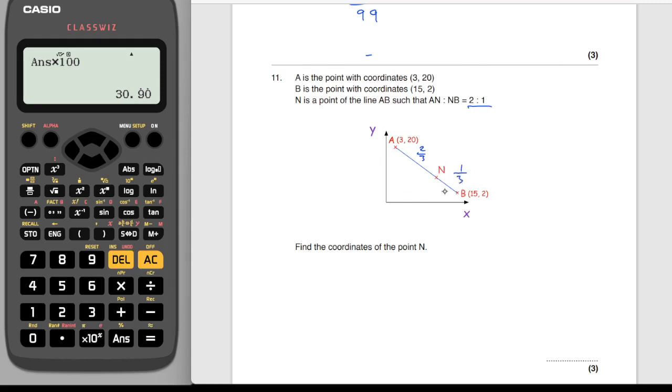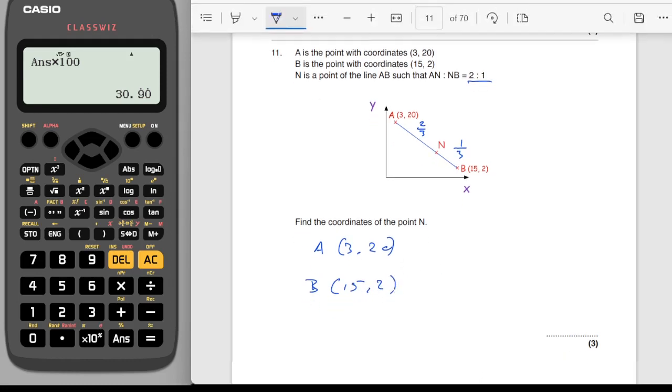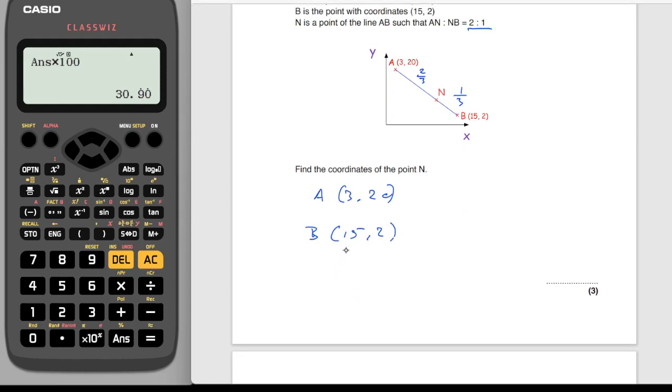So all I need to look at is the difference between the coordinates to start with. If A is the coordinate 3, 20, and B is the coordinate 15, 2, the difference between them is going to be 12 and 18, and we want 2/3 of that.